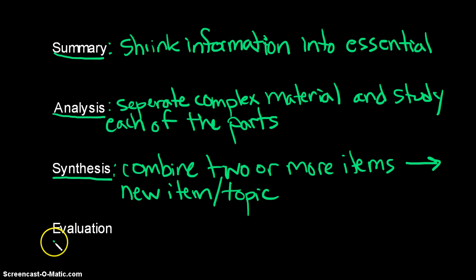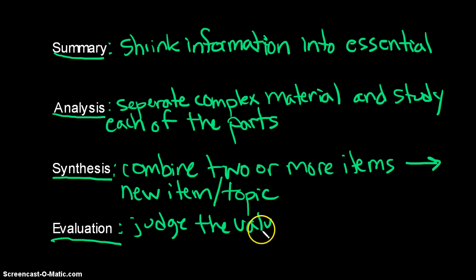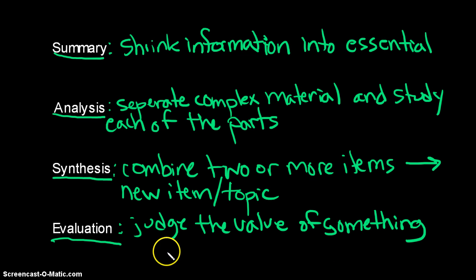And then finally, evaluation. This is more like if you're in a situation where you have to write an opinion piece, you're going to judge the value of something. And when you're judging the value of something, this can't be strictly opinion. Opinion is not going to be enough.